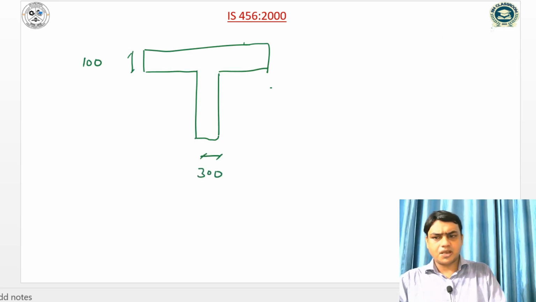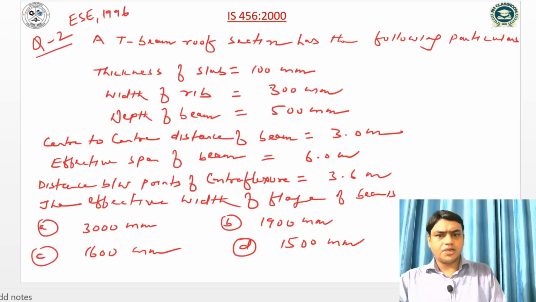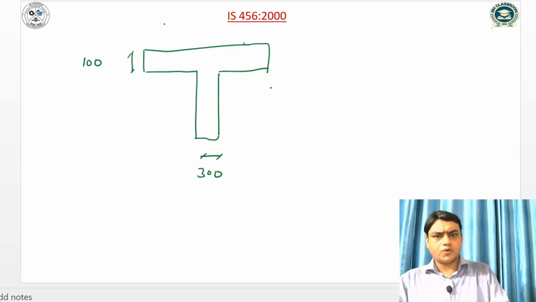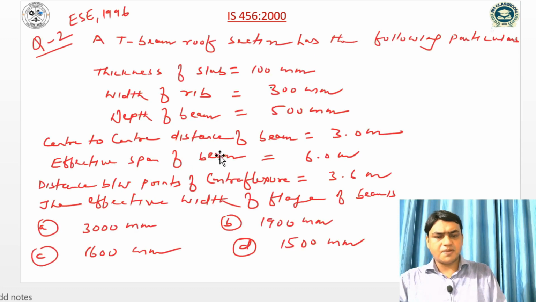All dimensions are in mm. Similarly, the depth of beam is 500, so overall depth is 500. This is the case of beam plus slab type, because it is not an isolated T-beam.